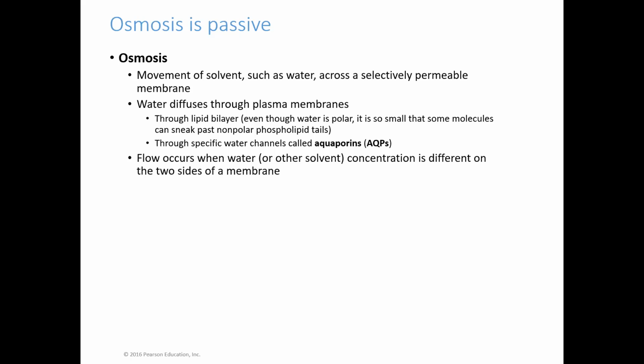Water will come in. Water will go through these aquaporins. Now, fortunately for us, the water concentration inside and outside the cells stays about the same. It stays about 0.9% sodium chloride, which means it's 99.1% water, so we don't get any net movement of water.